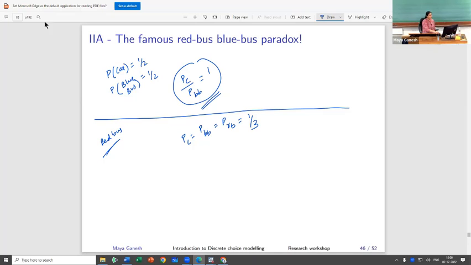So of course, this example is a stark example, right, and unlikely to be encountered in the real world. But this kind of prediction can actually arise with logit models whenever the ratio of probabilities for two alternatives changes with the introduction of new alternatives, right?